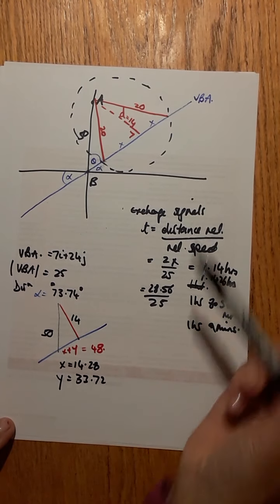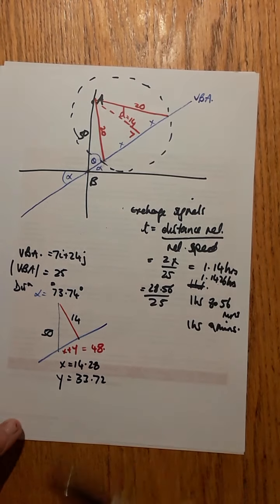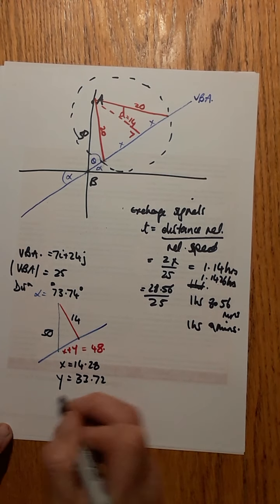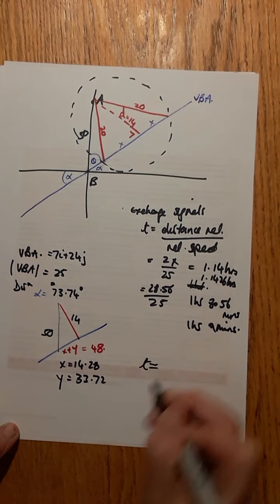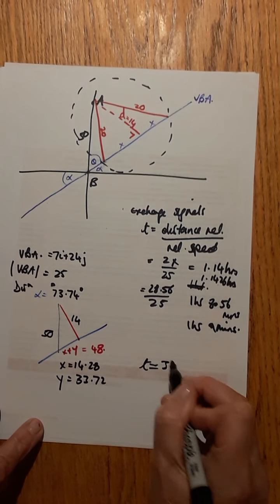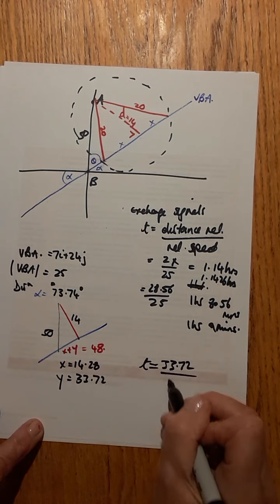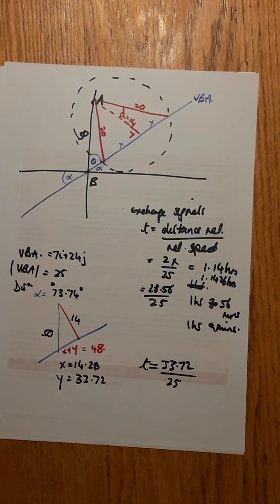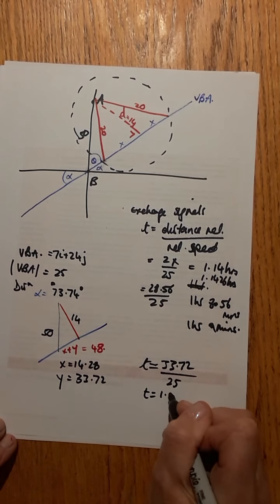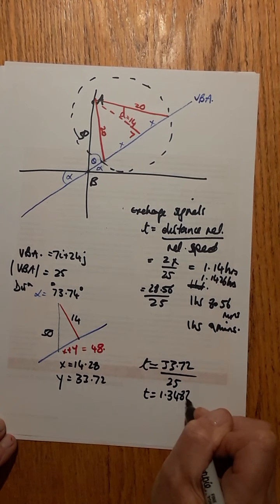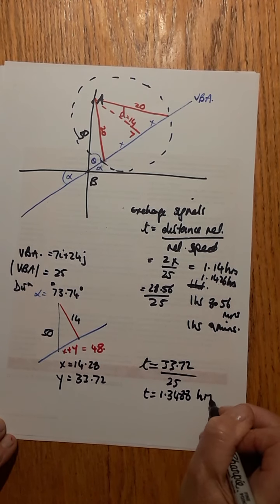So how long does it take to travel that distance before they can start communicating? The time is going to be relative distance, which is the 33.72, divided by the relative speed, of course, which is 25. If I divide that by 25, I end up with a time of 1.3488 hours.